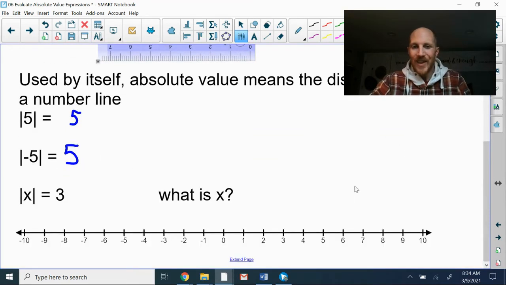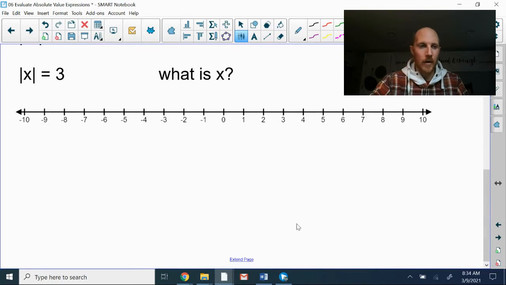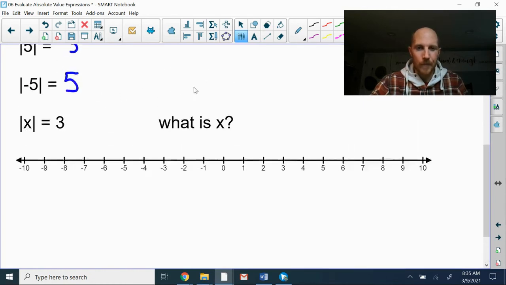So let's think about an extension. If I told you that the absolute value of x, some mystery number, is 3, and I ask you, what is x? You'd say, well, I don't know what x is. X is a mystery number, but I know that the distance from that mystery number to 0 on a number line is 3 spaces.